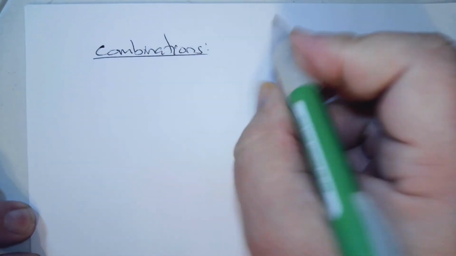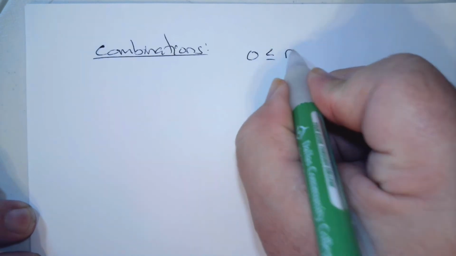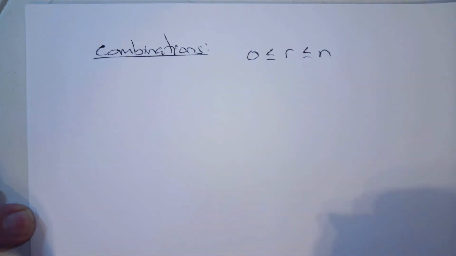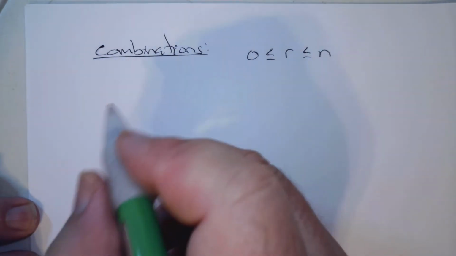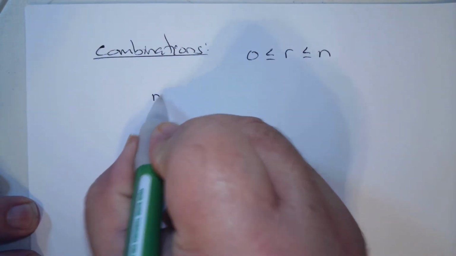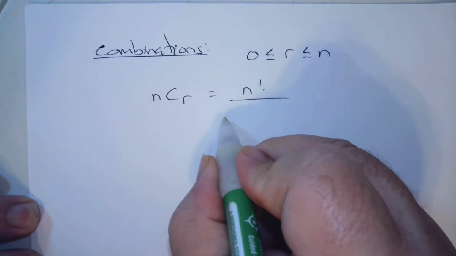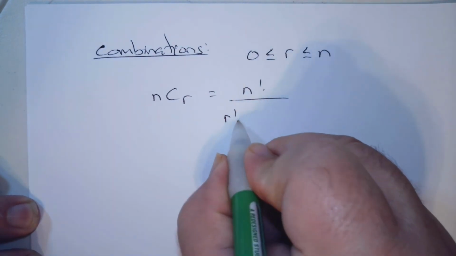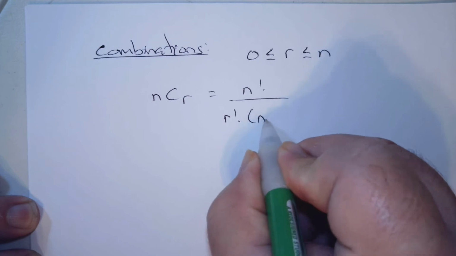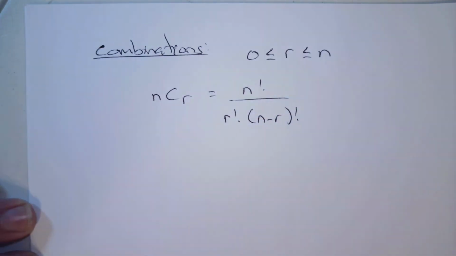So for combinations, remember, r has to be between 0 and n. And our formula is nCr.